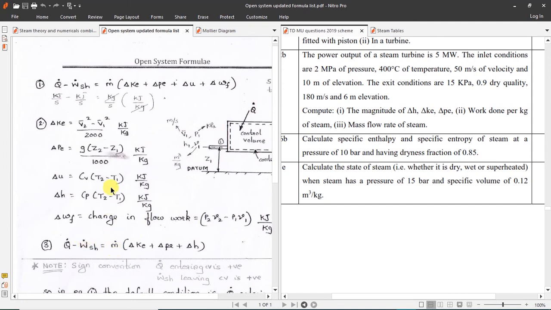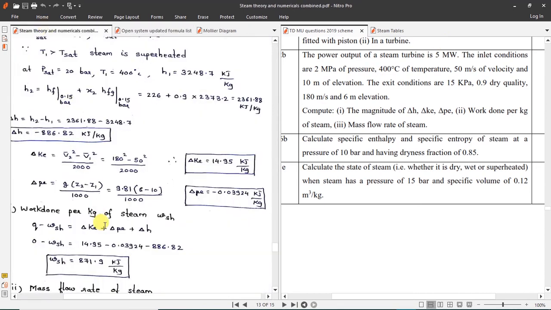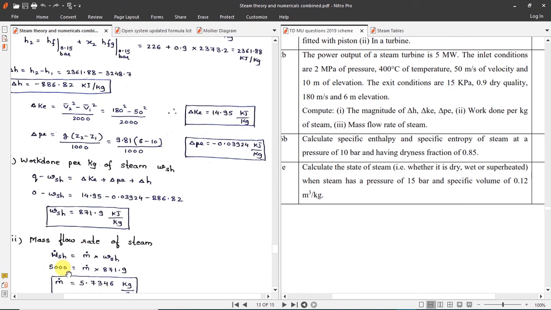The second method is the simple method. We know small w, which we just calculated, and we know capital W dot directly, so we can get M dot. What will be the relation? Capital W dot is equal to M dot into specific shaft work.